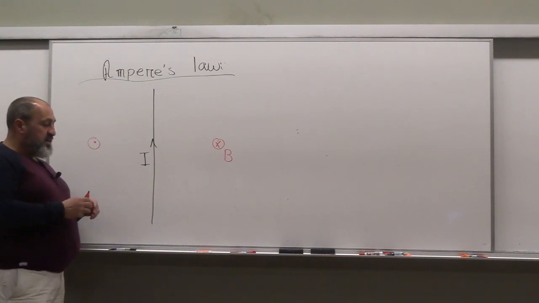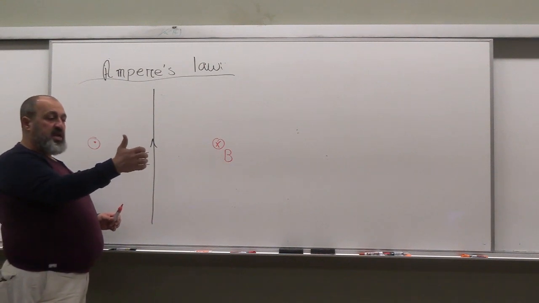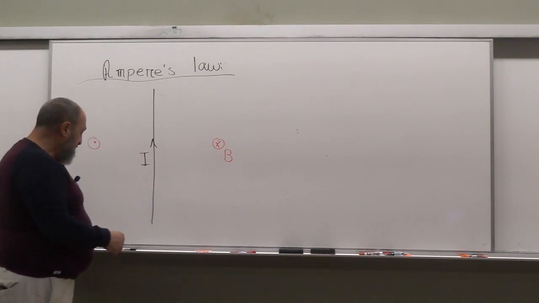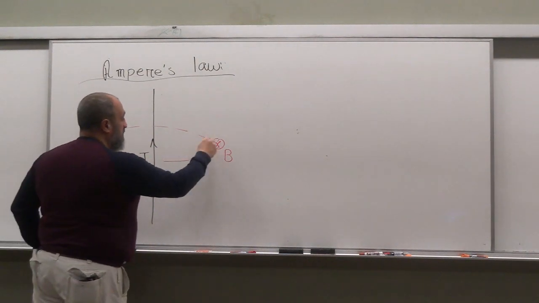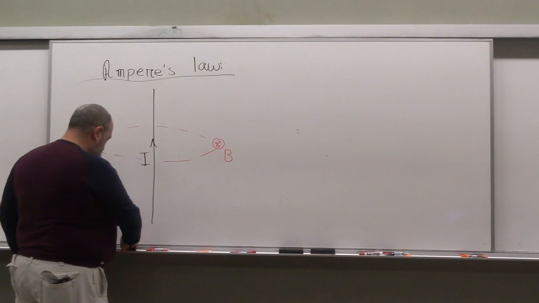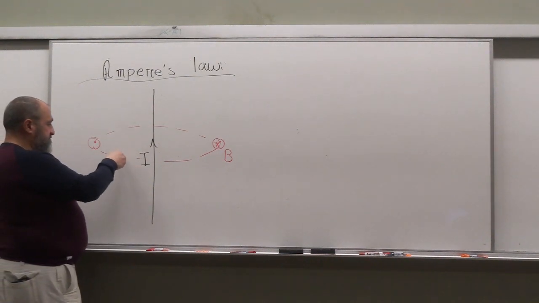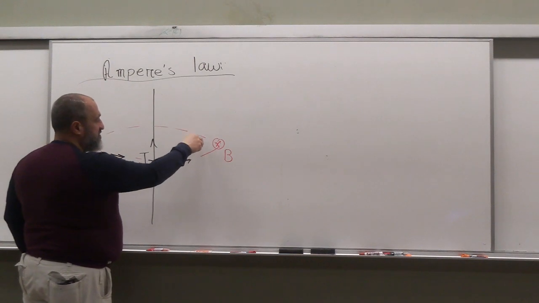What you can do is line up your thumb with the current and use the right hand curl rule, and that gives you the direction of the field all around the conductor. What I'd like to do next is draw what the field looks like all along this contour that we've created.